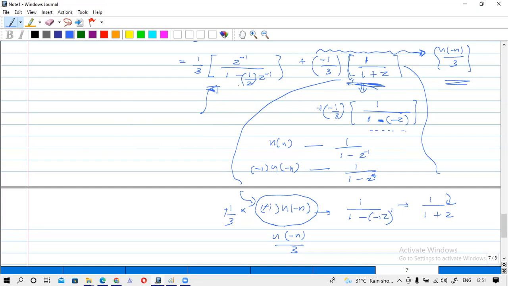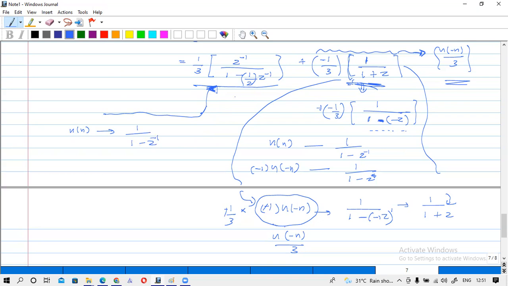For example, it is like this, no? I will do this for you again. I'm going to evaluate this one. Please look at this one at least. We know that the transform of u n is 1 minus z minus 1.